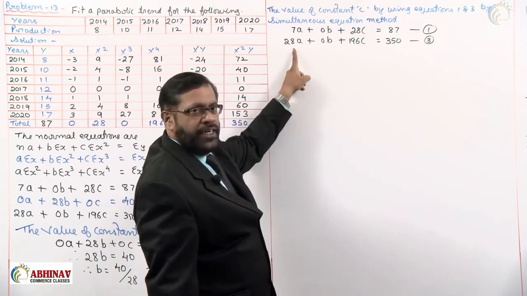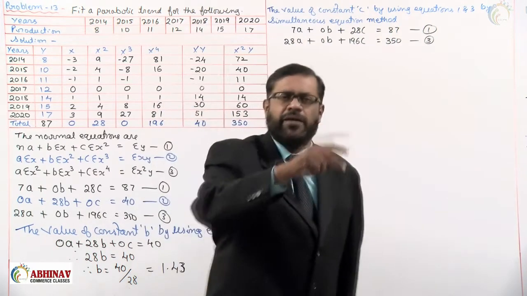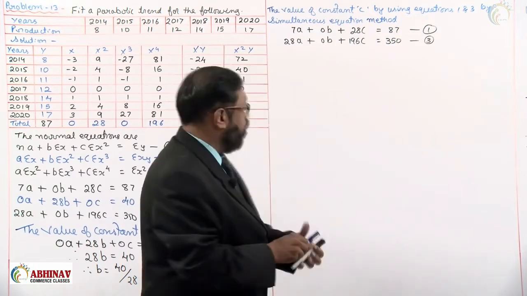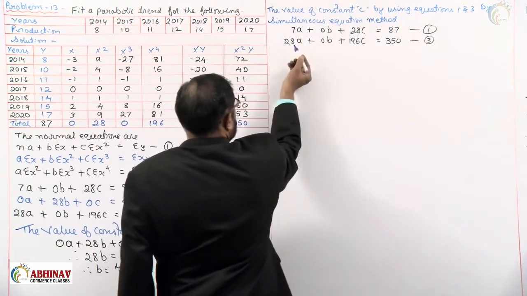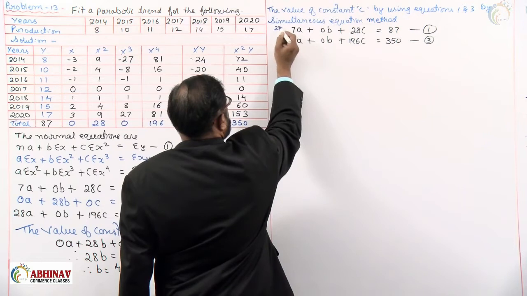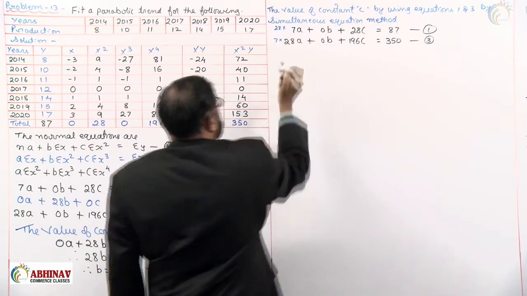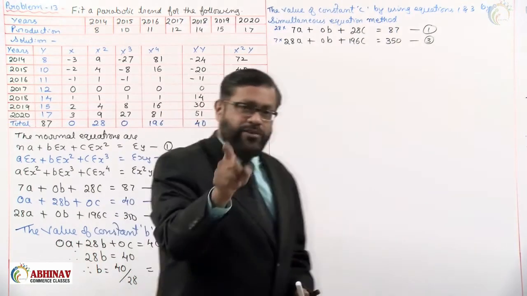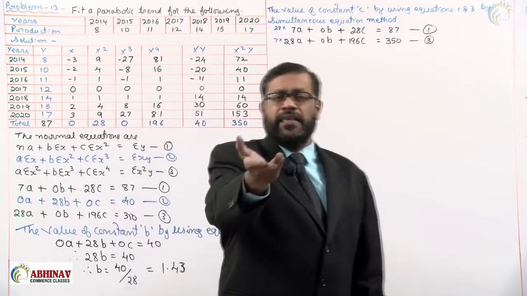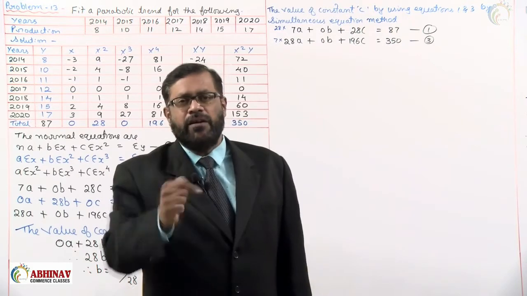And what is the number here? 28. Interchange the numbers and multiply. That means you multiply 7 with the number of the second equation, 28, and multiply the second equation with 7. So that's going to be 28 into 7 or 7 into 28. The answer will be the same. The a value will be cancelled.